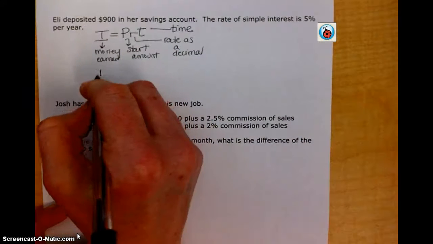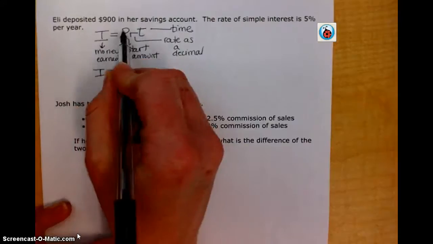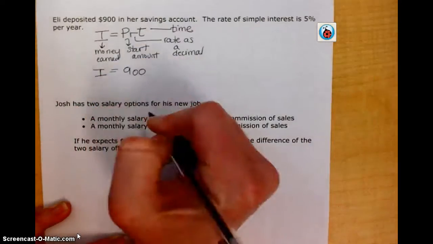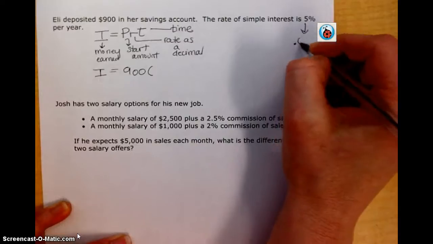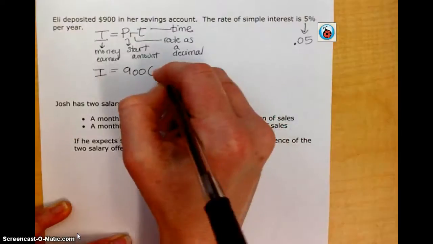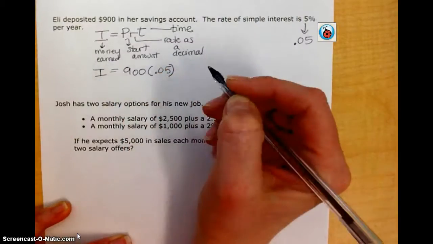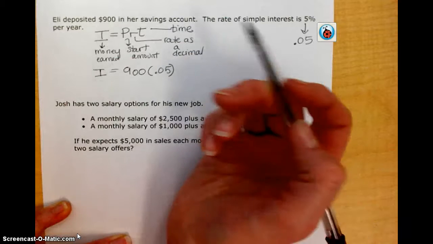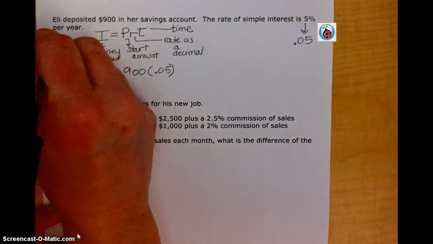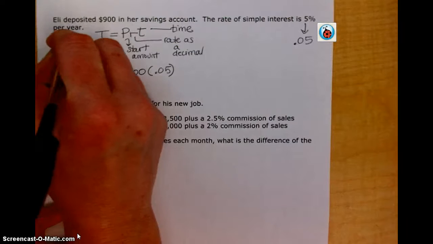So the interest earned on $900, the rate, 5% as a decimal is 0.05. And we are keeping it in there for, let's say, 3 years.